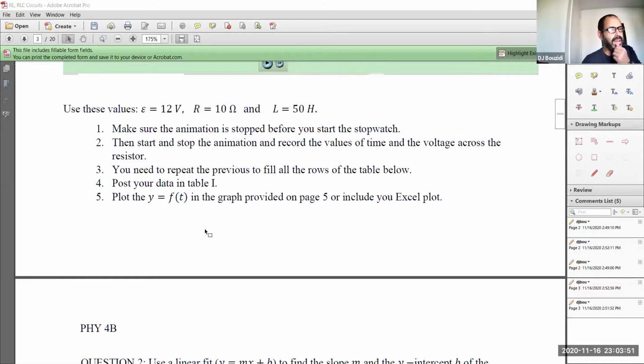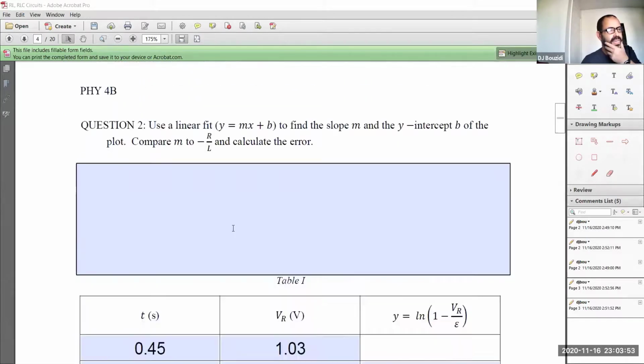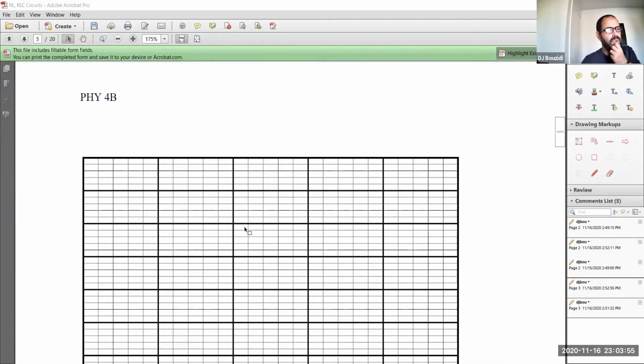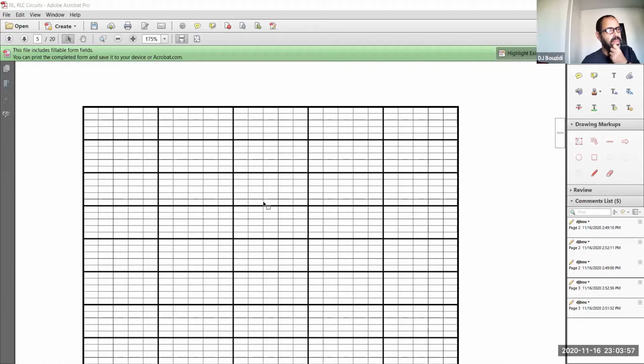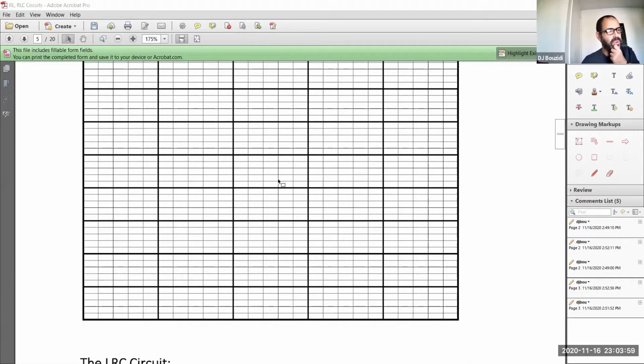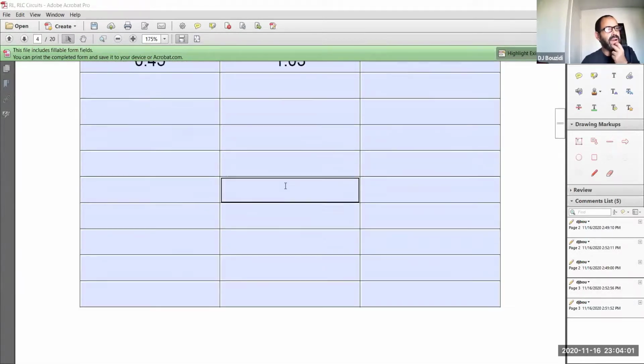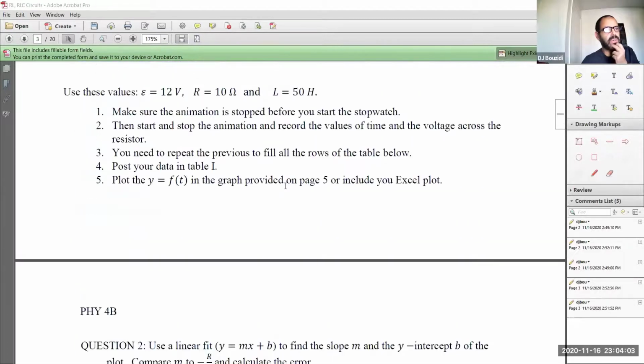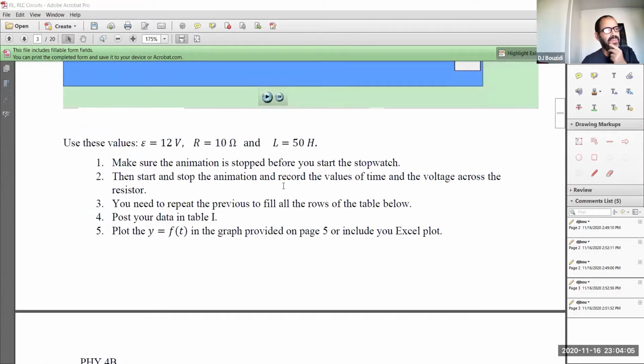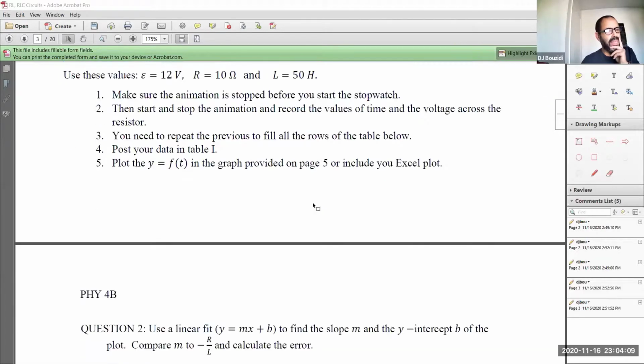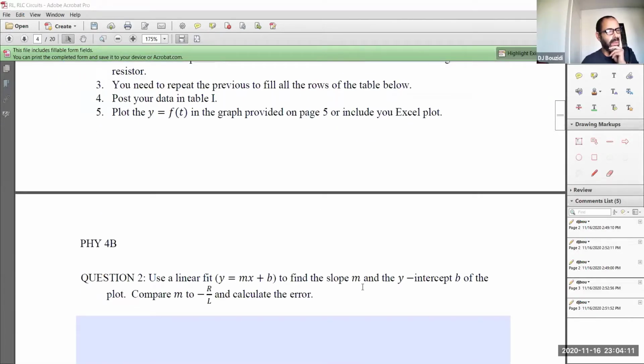Once you do that, you're going to graph the data, either with the enclosed graph or your own Excel file. I don't care, it doesn't matter, really, as long as you graph it. And then from the graph, you're going to get the y-intercept and the slope m, because you're going to use a linear fit.